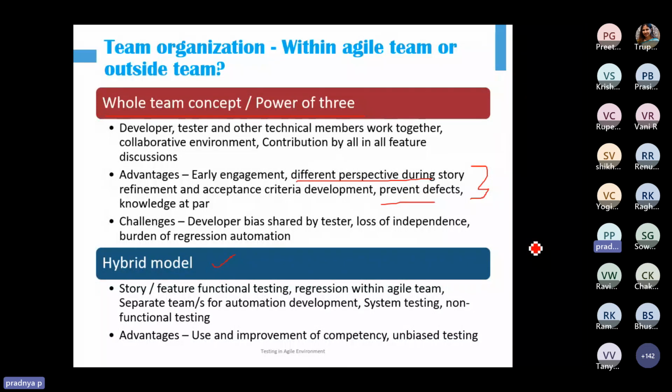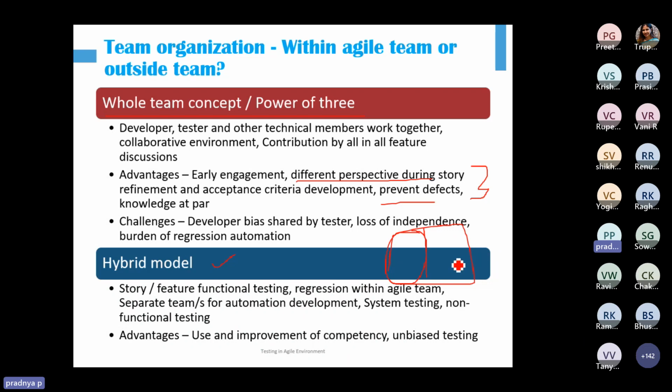Our objective there is only to find defects. So there are two teams, as I was saying. One team is part of the overall development team, who will be contributing to requirements, preventing defects, and doing continuous testing as we move ahead.